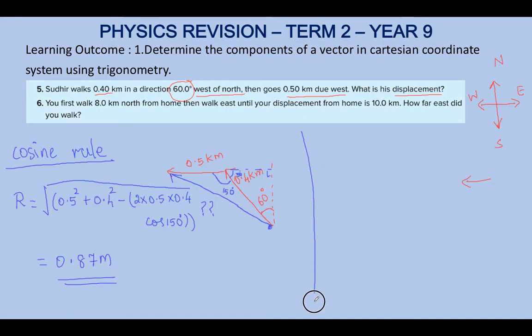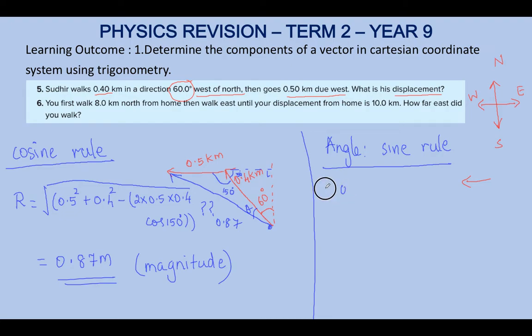So we have found the magnitude of the resultant displacement, right? Now to find the angle, it's easy to use the sine rule. Since we have found this as 0.87, I'm writing this side as 0.87. So you can combine these two. You have to find this angle theta.